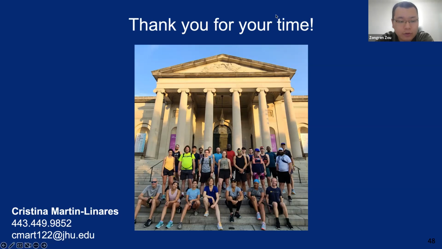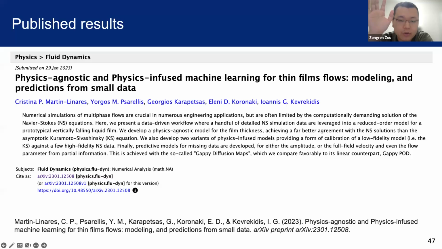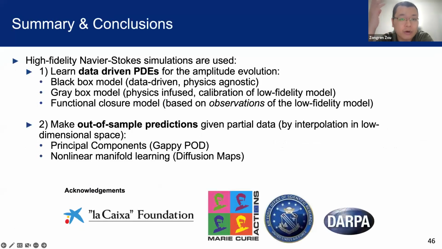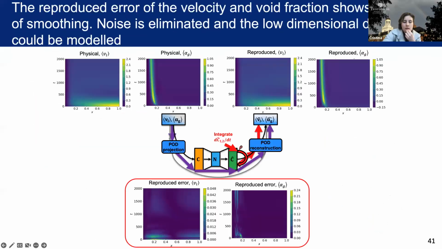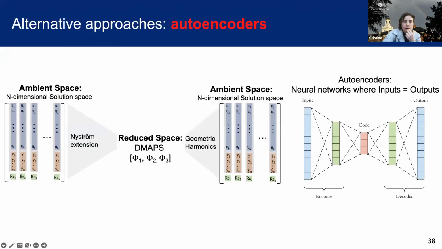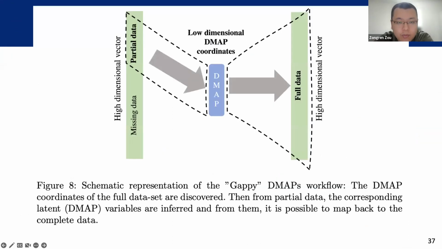Thank you, Cristina, for your wonderful talk. I actually have a question. Could you go back to the slides where you show the comparison between your method and the autoencoder? Yeah, here. So for this method, you use partial data to reconstruct the whole high-dimensional vector, right?